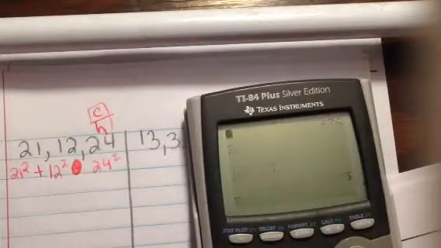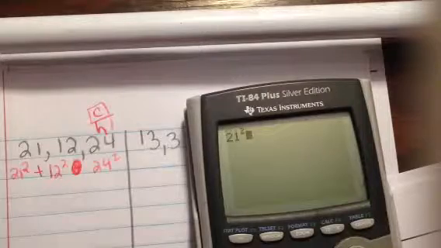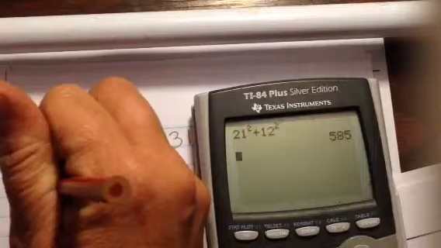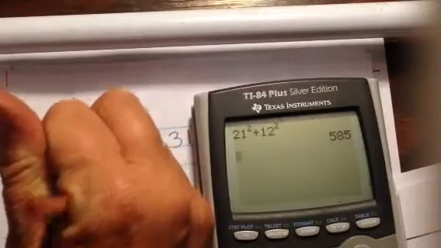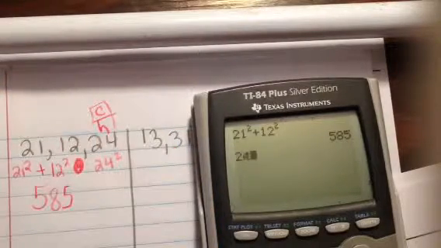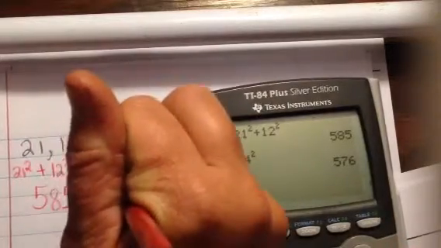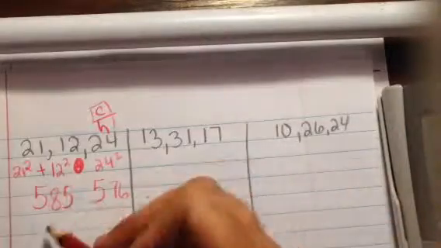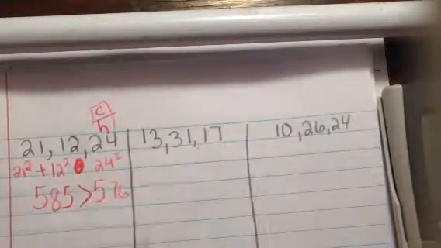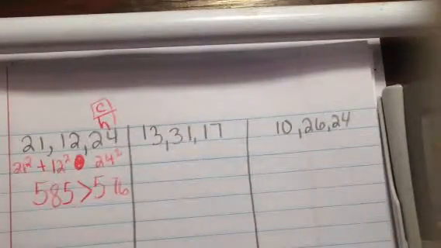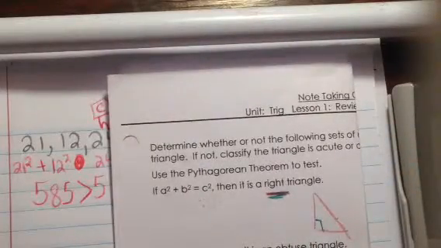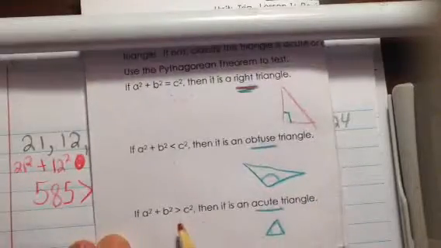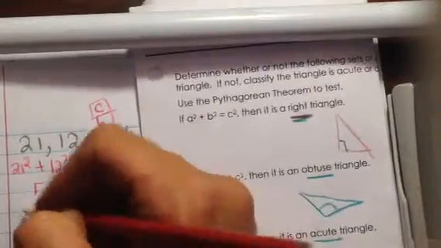So 21 squared plus 12 squared equals 585. 24 squared is 576. 585 is greater than 576. And we see the legs greater than is going to be an acute triangle.